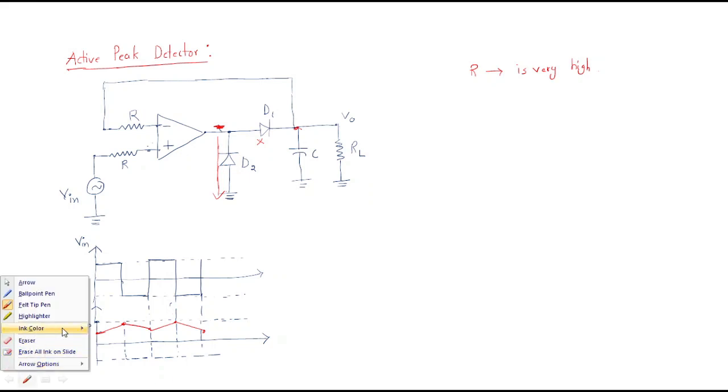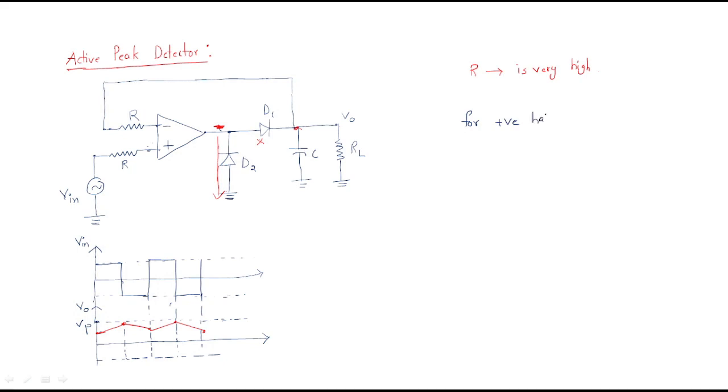So we will write some statements here. For the positive half cycle, what happened? Diode D1 is on and D2 is off.